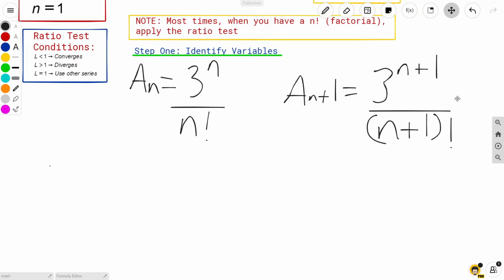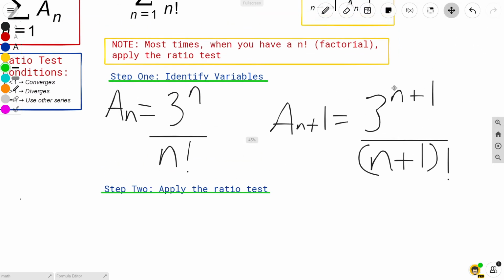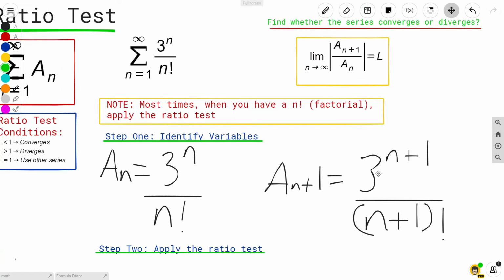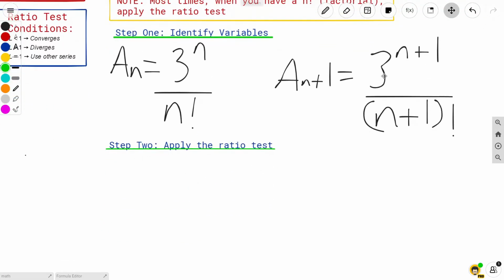Now that we have that, in step 2 we're going to apply the formula, the ratio test. In doing so, we're going to take the limit as n approaches infinity of a sub n plus 1 divided by a sub n. So I'm going to go ahead and write that here.